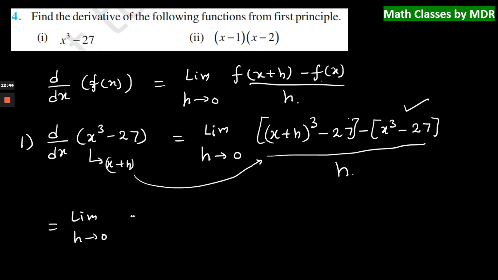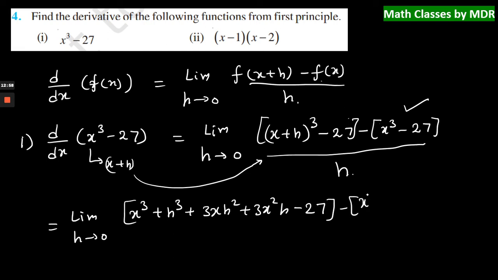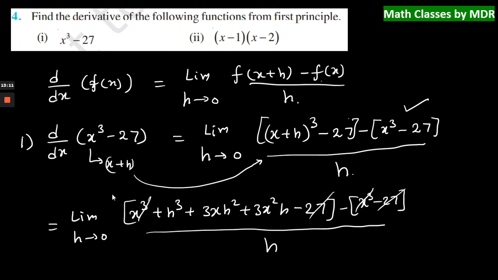Limit h tends to 0. So we will have x cube plus h cube plus 3x square h plus 3xh square, just (a plus b) whole cube, minus 27 minus x cube minus 27, by h. So x cube gets cancelled, 27 gets cancelled, right?